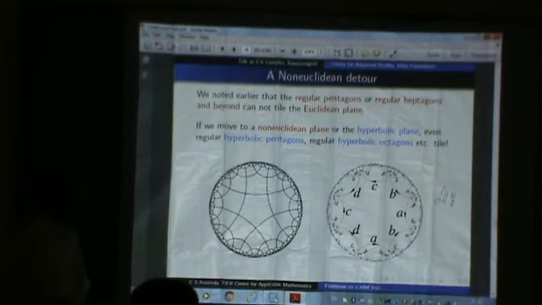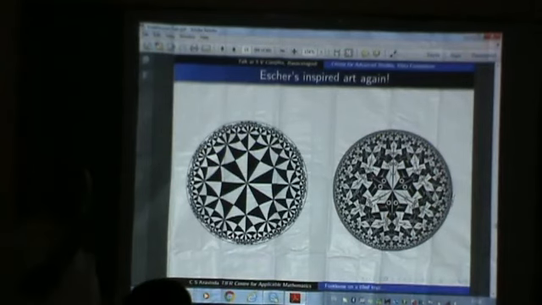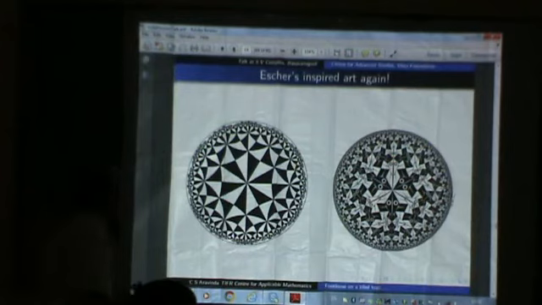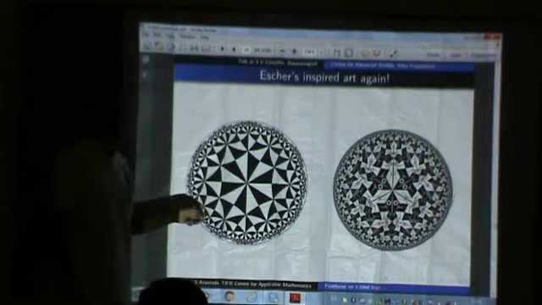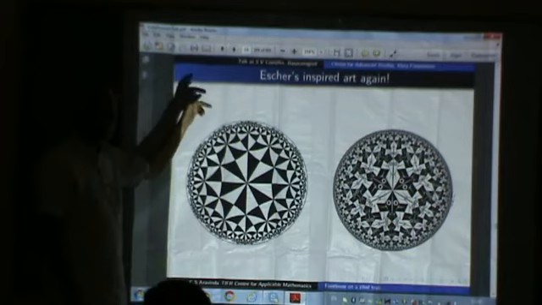Next slide, please. So I wanted to show Escher's inspired art again. Here he is inspired by the non-Euclidean tessellation, tiling. You see this is very similar to the previous picture that I showed.